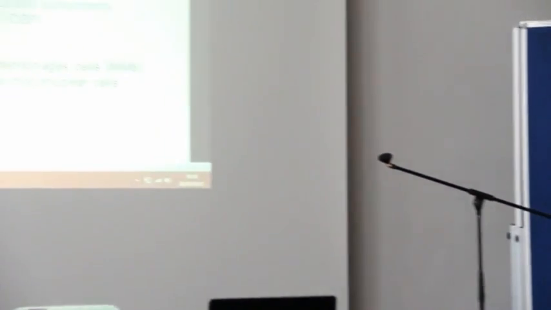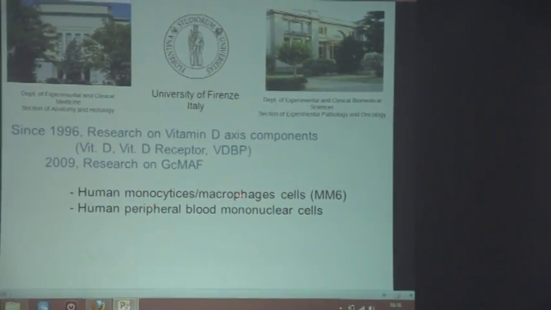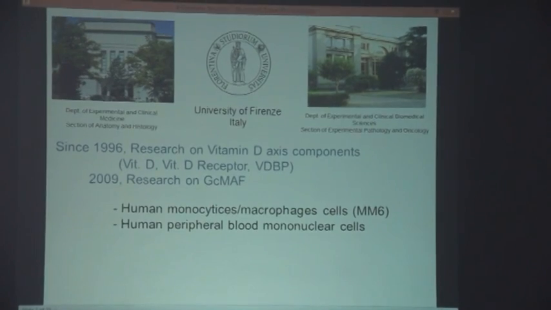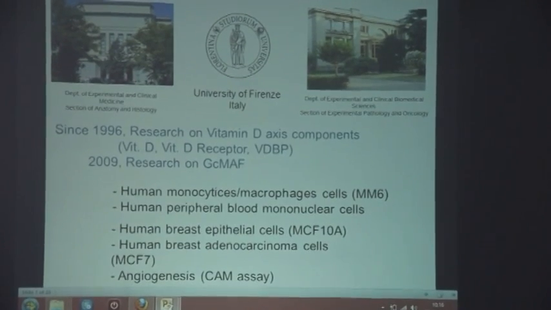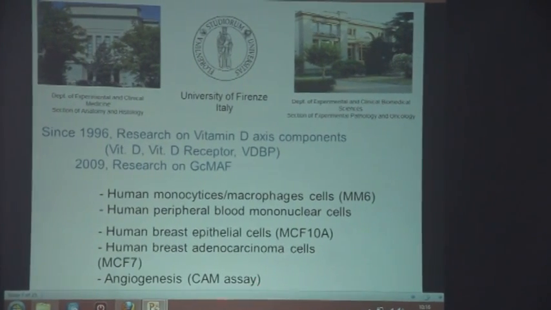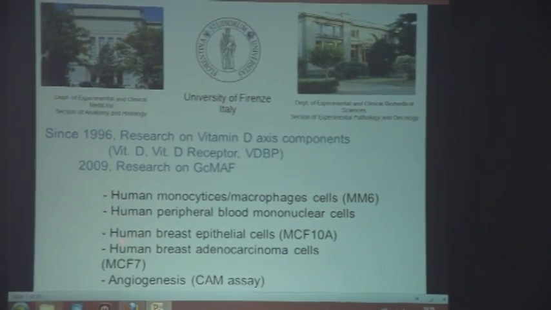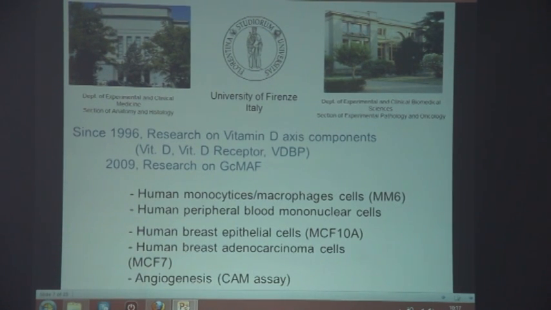First, obviously, we studied the effect of GcMAF on immune system-related cells, such as human monocytes, macrophages, and human peripheral blood mononuclear cells. Then we also looked at the effects of GcMAF on different kinds of cells. So we studied the effects of GcMAF on human breast epithelial cells, human breast cancer cells, and also on angiogenesis.